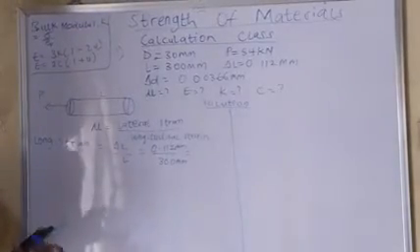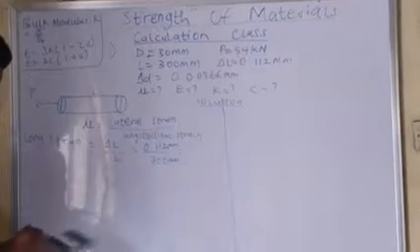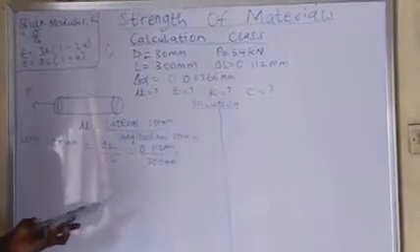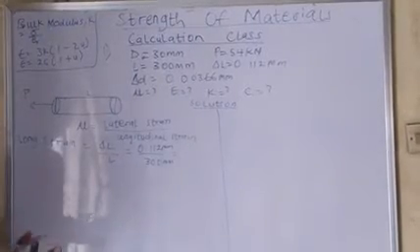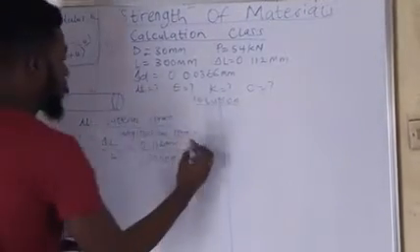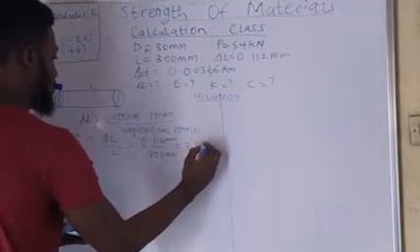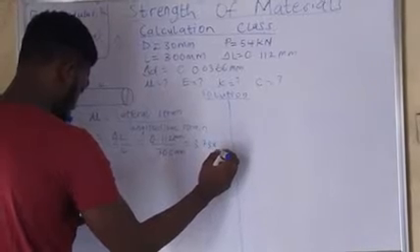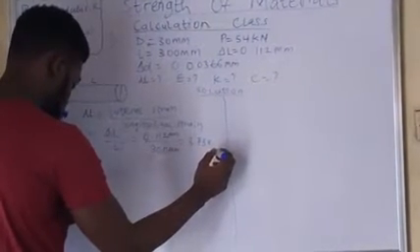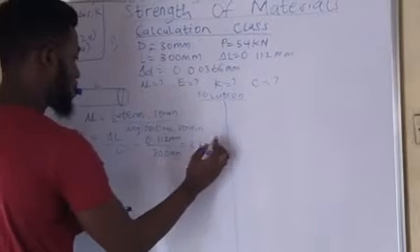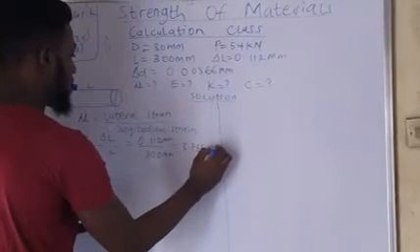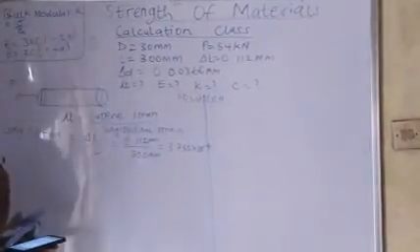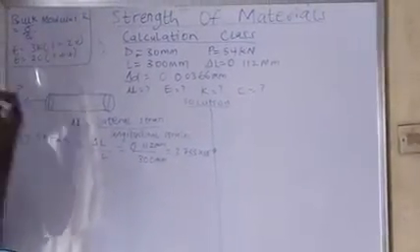If you do the maths on the calculator, 0.112 divided by 300, we're going to have 3.733 times 10 to the power minus 4. So that's the longitudinal strain. Let's get the lateral strain.